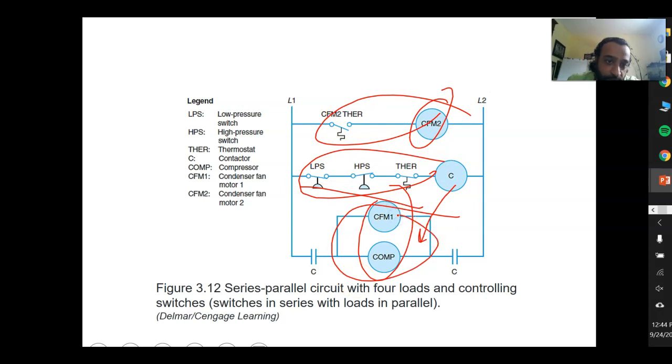So there is a large circuit and there are sub circuits, and you'll get to wire some of those loads together in the lab, and you see how it makes a difference. And it's very important to connect things in series and parallel as they are in the schematics, otherwise you might have a problem of the equipment not running correctly.